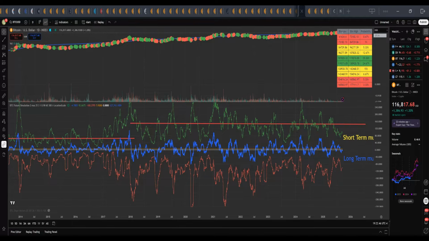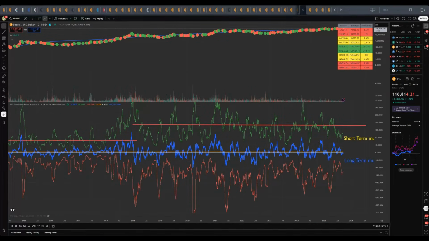I calculated the distribution and compared it with the last 4 years, and it's exactly the same distribution. That means statistically, Bitcoin has done exactly the same thing.